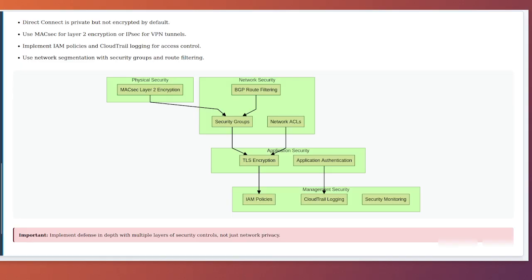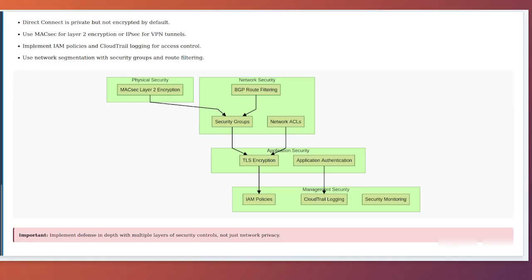On your on-premises side, implement physical security for your routers and network equipment. The Direct Connect connection terminates at your router, so if someone gains unauthorized access to that router, they could potentially intercept traffic or modify routing. Use secure access protocols, like SSH, with key-based authentication instead of passwords. Regularly update router firmware to patch security vulnerabilities.